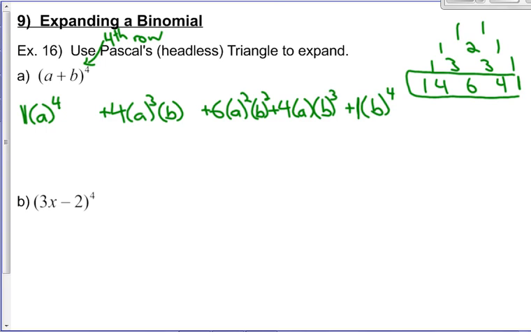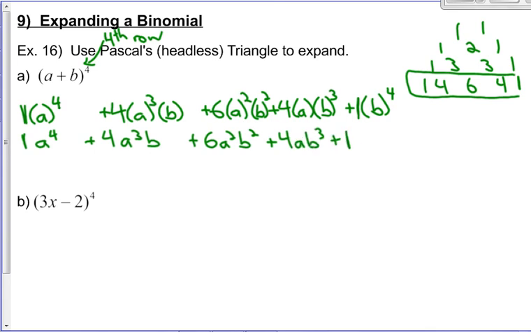Now I can just figure out what these mean. So that means 1 times a to the 4. 4a cubed b. 6a squared b squared. Plus 4a b cubed. Plus 1 b to the 4. Those 1s are kind of weird, so let's just write it out this way. A to the 4 plus 4a cubed b plus 6a squared b squared plus 4a b cubed plus b to the 4.